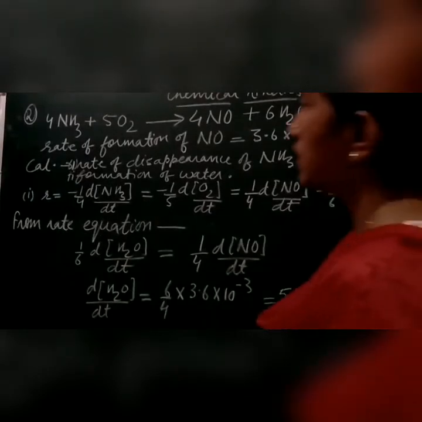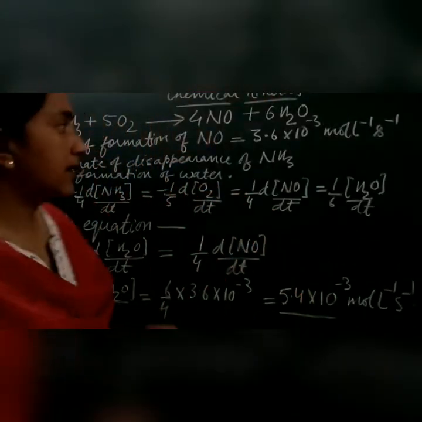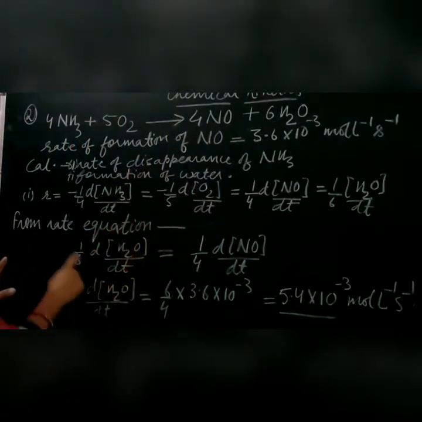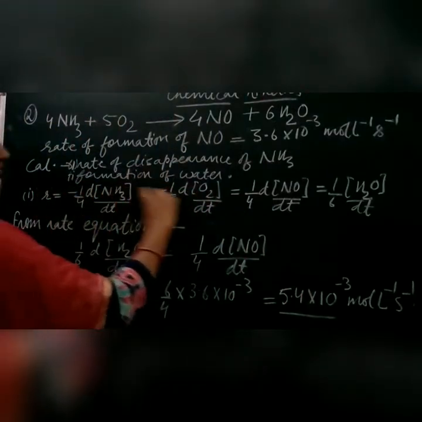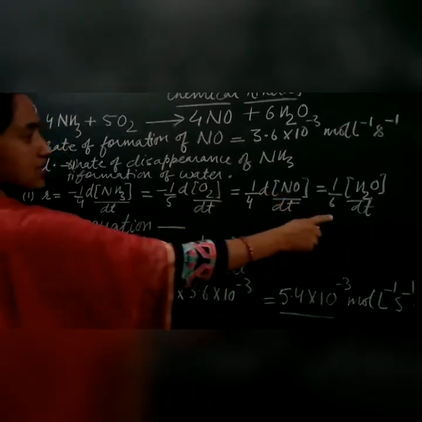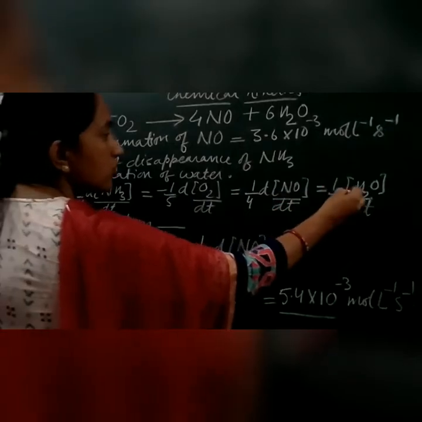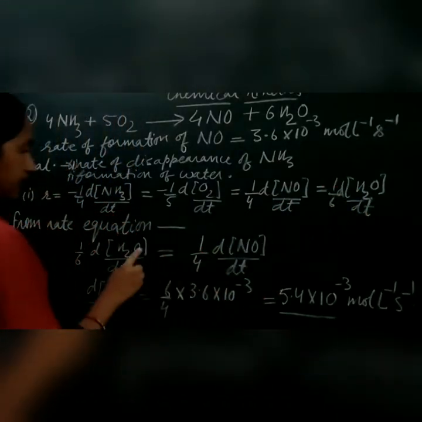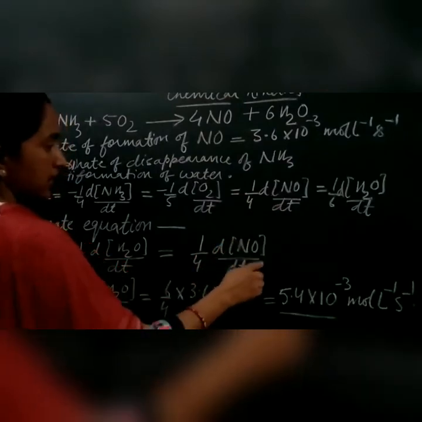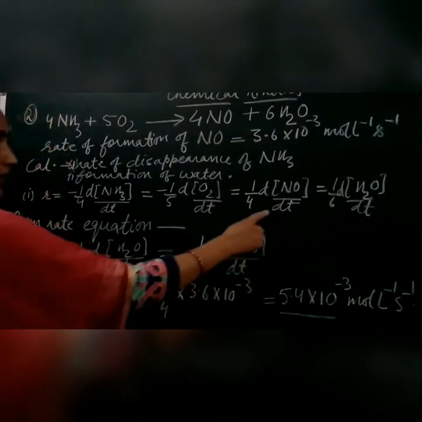So yes students, next part, we started with the formation of water and now we have selected from the rate equation. This is the complete rate equation, that 1/6 dH2O upon dt will be equal to 1 upon 4 dNO upon dt, right? We have taken it.